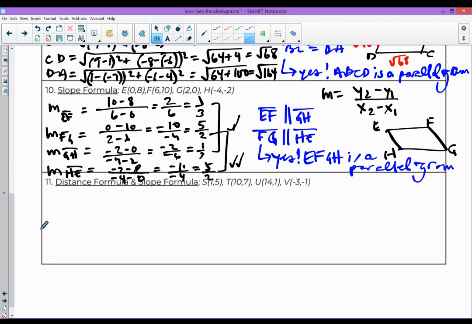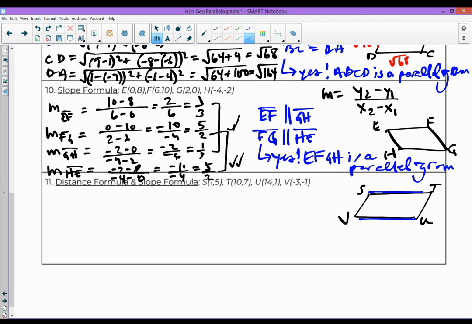All right, last one. Using the distance and slope formula to determine if the figure is a parallelogram. We're going to use both formulas. We already have them, so I won't rewrite them. STUV. So it looks something like this. We would just need to know that, for example, these two sides were both congruent and parallel.